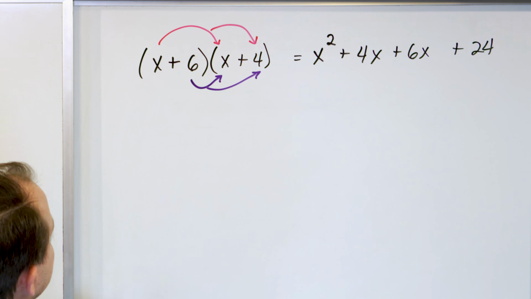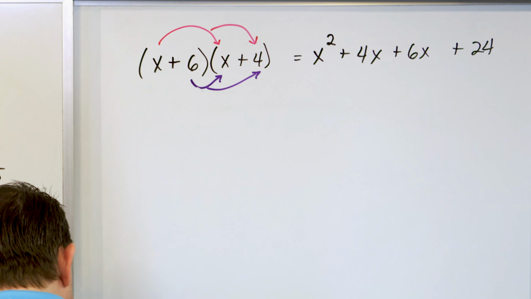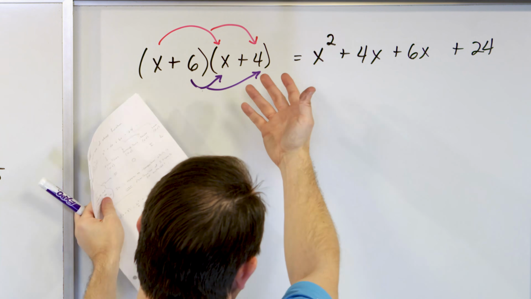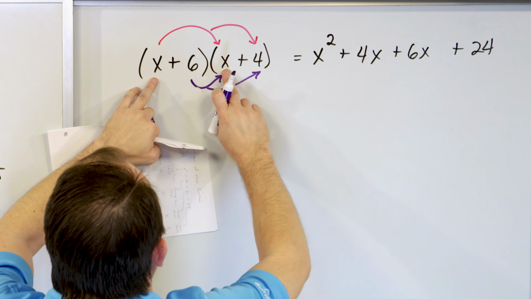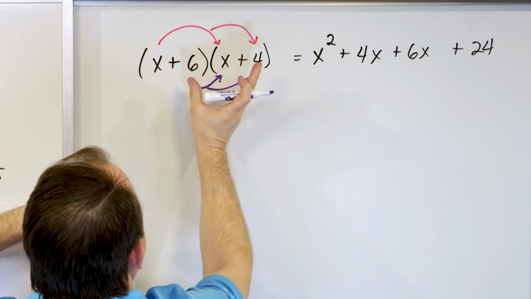I've explained it to you as distributing in from the outside, which is all correct. But notice that there's an easy way to remember this for people that don't learn it what I consider to be the right way. The first thing that we multiplied together is the first terms. This is a binomial and this is another binomial.